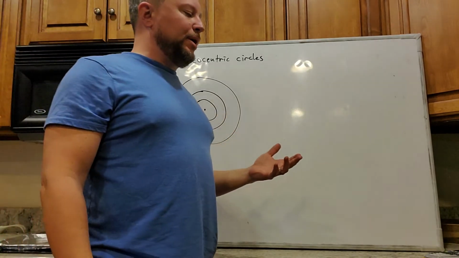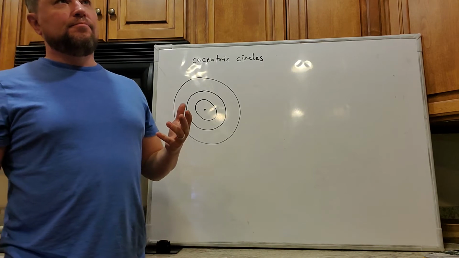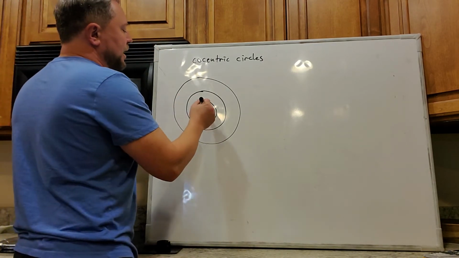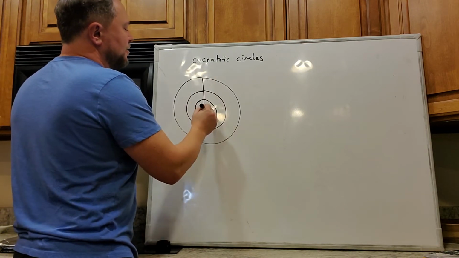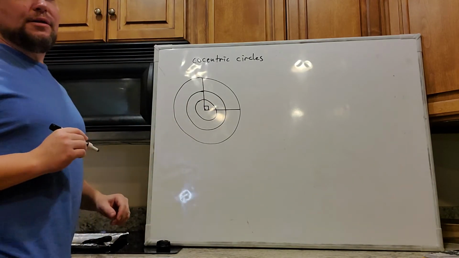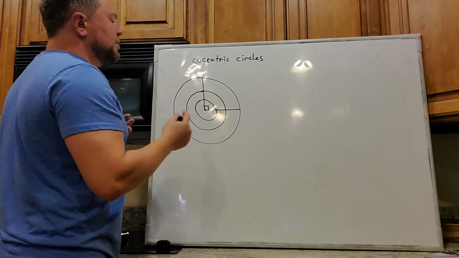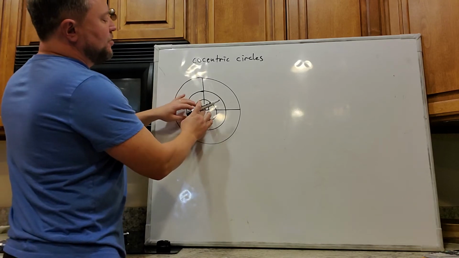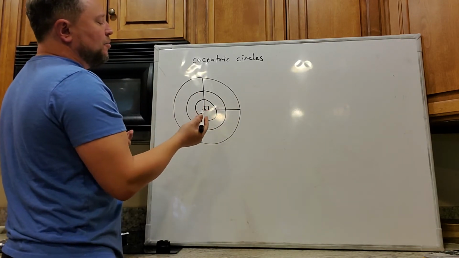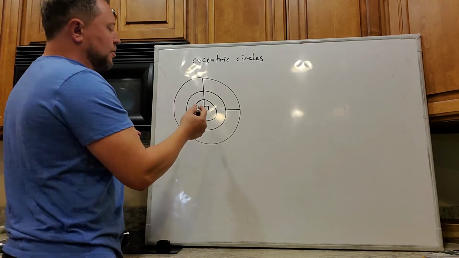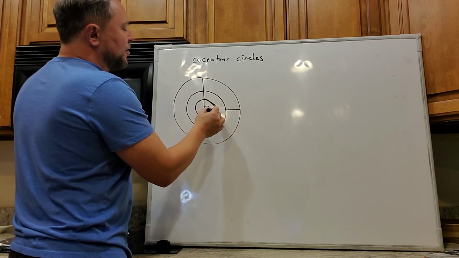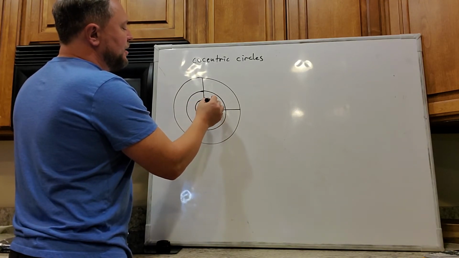Concentric circles I want to bring up because if I were to draw a central angle, let's say like this angle here, that's 90 degrees, in fact. Well, then I want you to see that because these circles are all sharing that same angle and center, the arcs that were created also have the same measure. Even on this little circle here, this arc right here from there to there, that's 90 degrees.